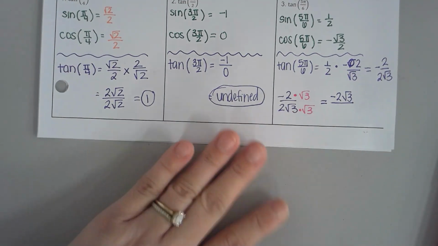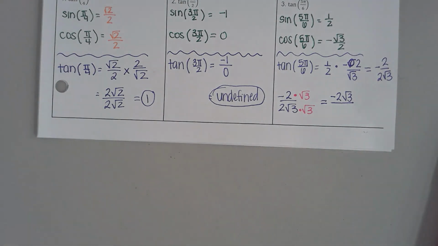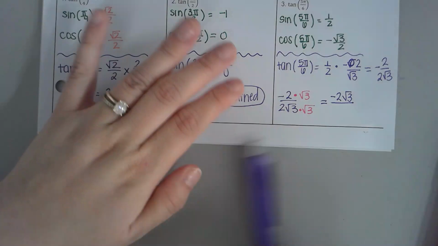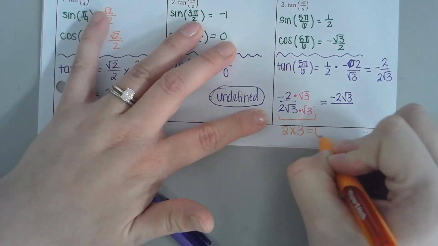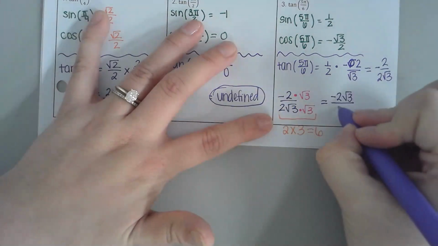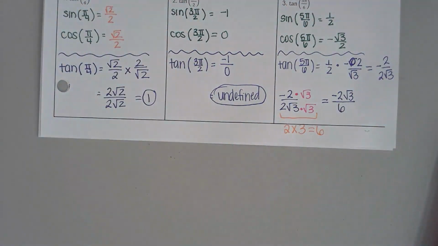Right. When you multiply square root of 3 times the square root of 3, that is the square root of 9, which is just plain old 3. So when you multiply square root of 3 times square root of 3, basically the square root just goes away. Like if you do square root of 5 times square root of 5, it's 5.